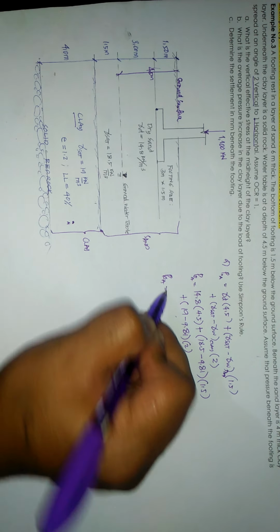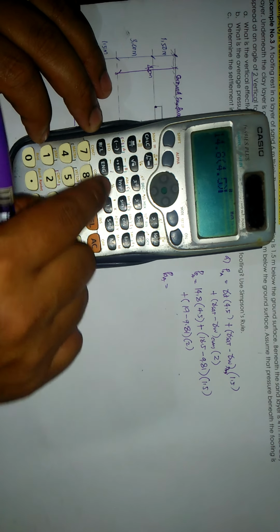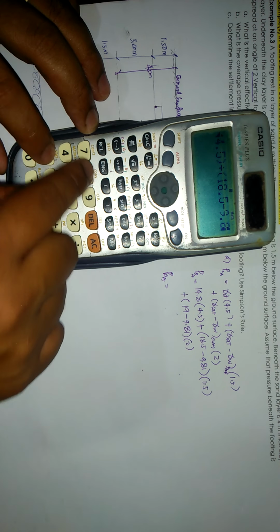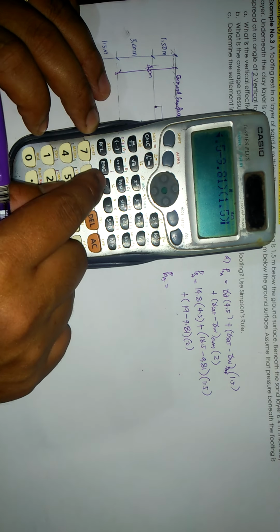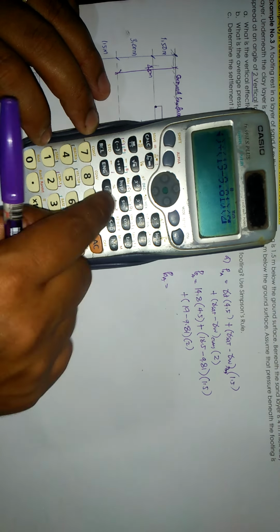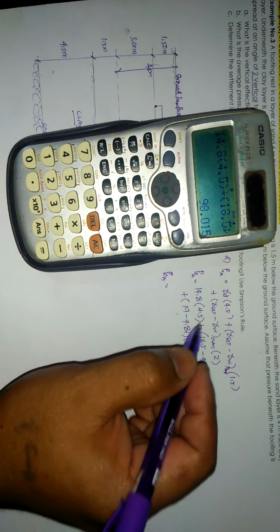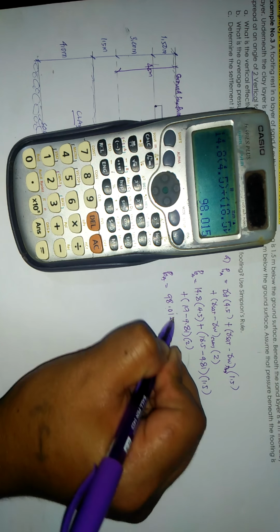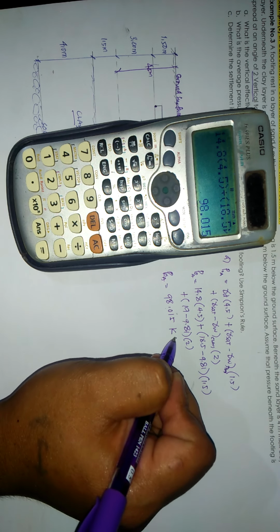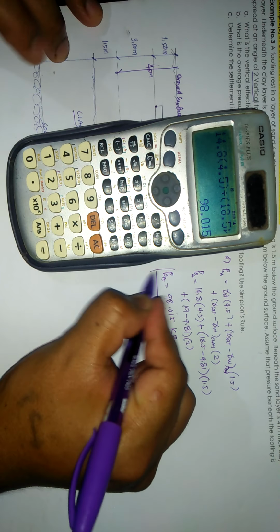So, PO at A is equal to this one. 14.8 times 4.5 plus 18.5 minus 9.81 times 1.5 plus 19 minus 9.81 times 2. Okay? So, ang effective stress natin dito, guys, is 98.015 kilo unit natin, kilo Pascal. Okay? So, kilo Pascal. So, this is our answer for your letter A.